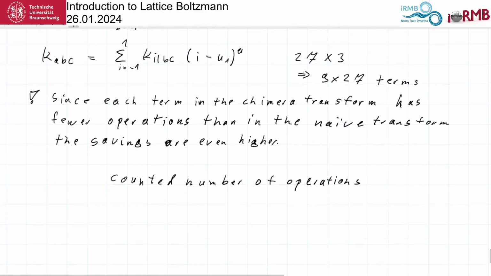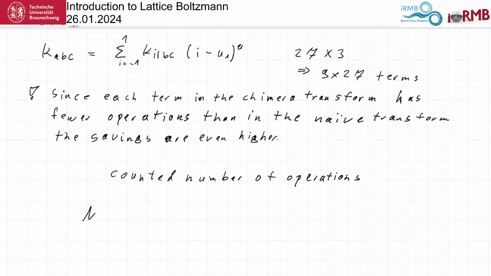So what came out with counting was for the naive case and for the Chimera case. So we count the additions. So there's 1,000. You see, this is not really a small number. You do this once.